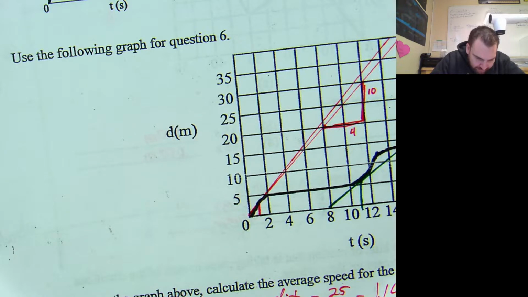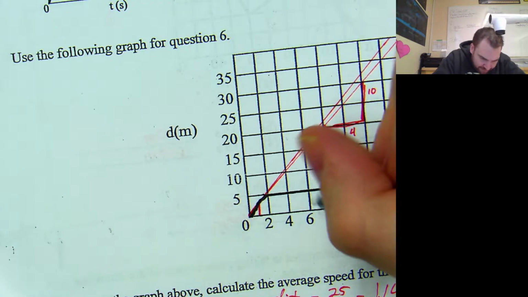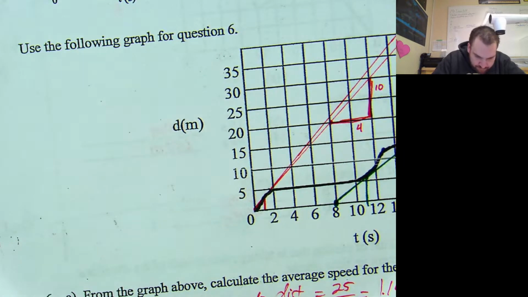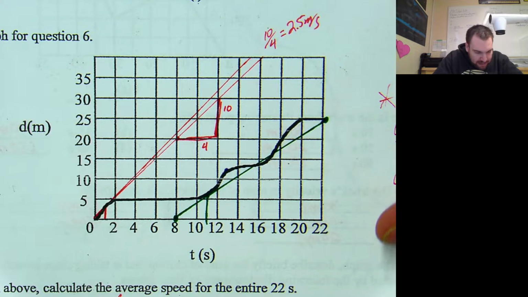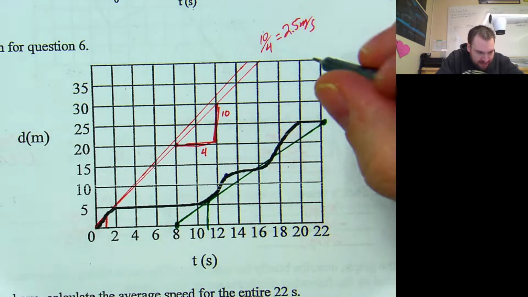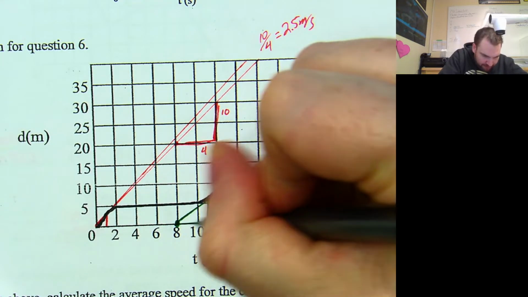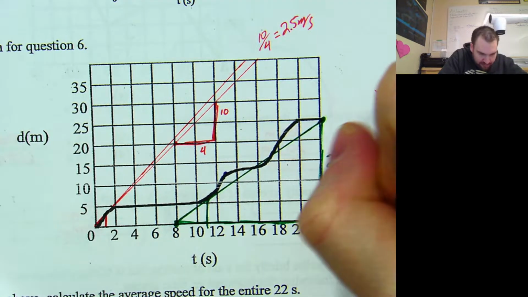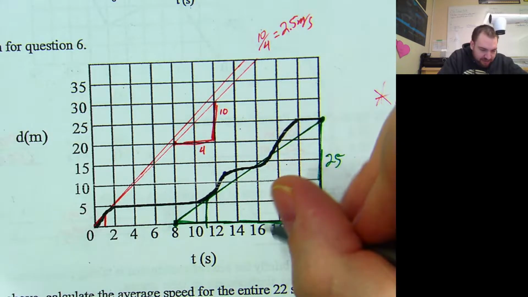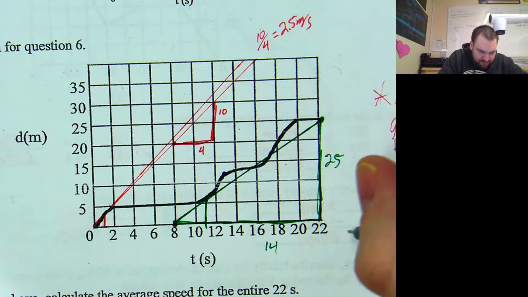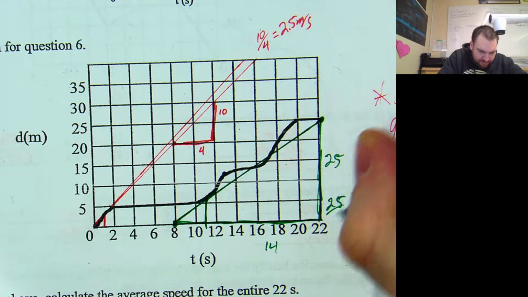I don't have any really good spots. I'm going to use this spot here. I'll try and use that spot there. This one's not a great one. Sorry. So then my rise is 25, and my run is 8 to 22, which is 14. So it's going to be 25 over 14.